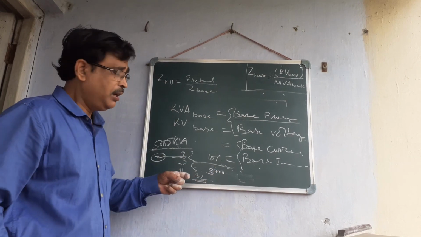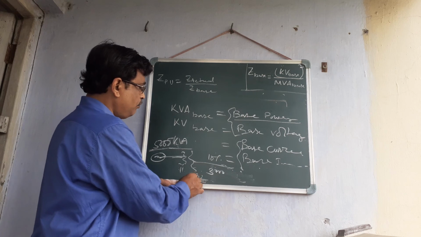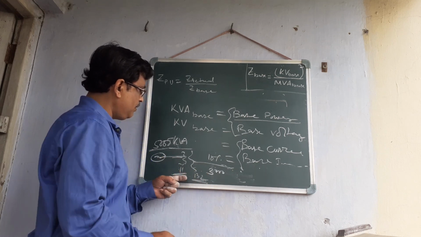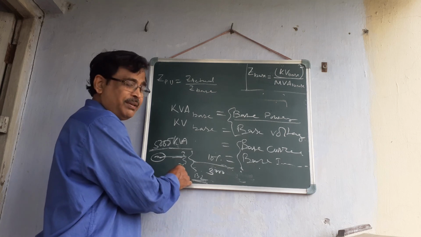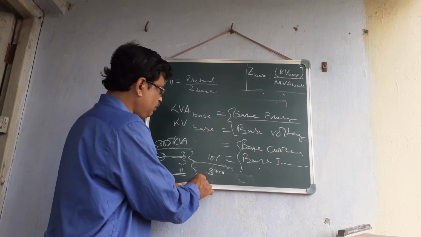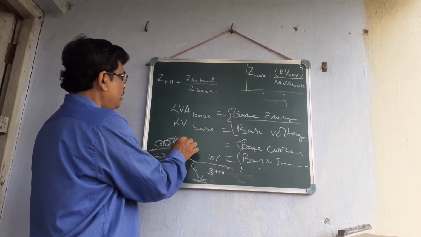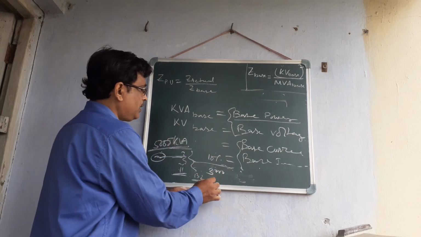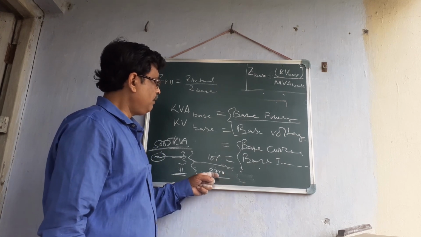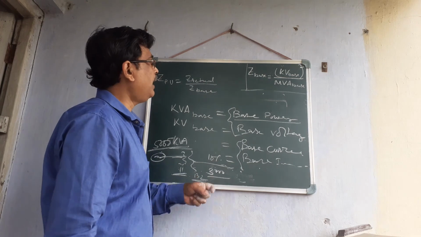Here the voltage is different, 132 kV, but the base kV was selected as 11 kV. The base kVA was 5000 kVA, but here it is 3000.